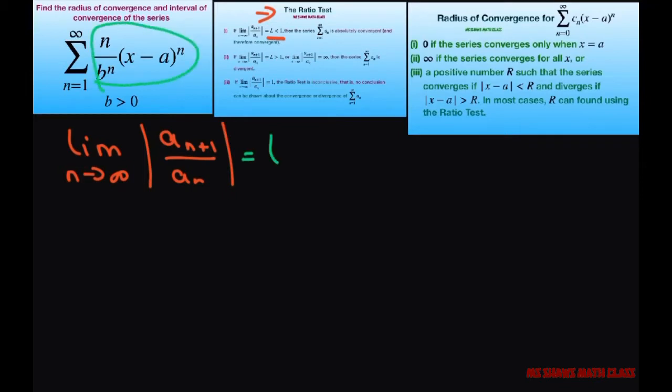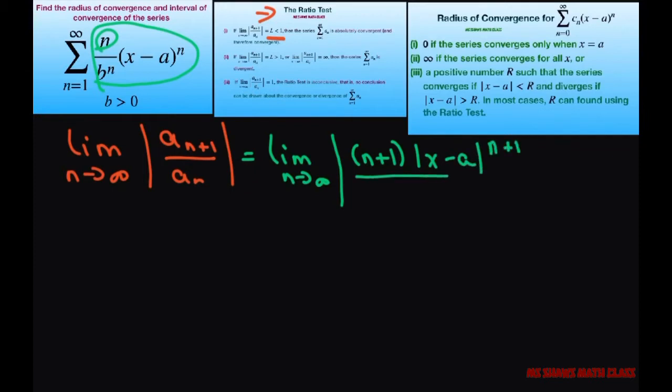So filling everything out, we're going to get the limit as n approaches infinity of the absolute value of n plus 1, and then we're going to have the absolute value of x minus a to the power of n plus 1 divided by b to the power of n plus 1, times, and then we can take b sub n.